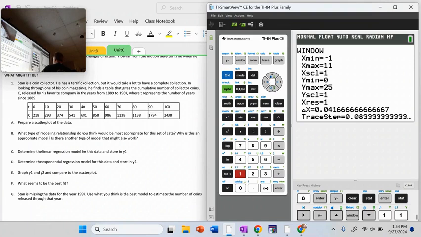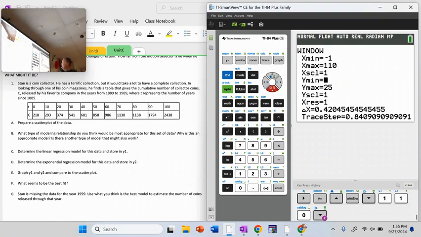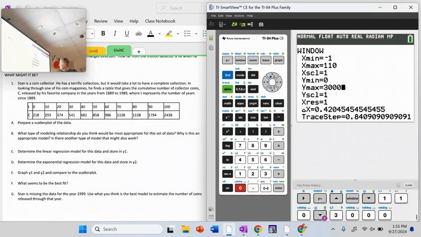So I want to put that in right now for that future question. If I don't have my window this far out, then calculating a value will not work. I just want to remind you of that, if you're watching, and why I did that. And then 0 is fine. Actually, yeah, that's fine. We'll see the dot right in the corner. And then, 2438. I'm just going to go to 3,000, because I don't know what's going to happen in 1999.